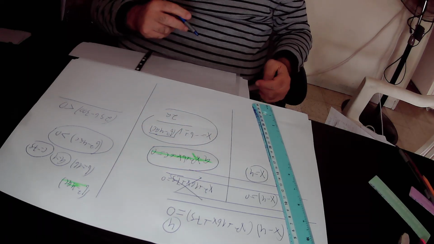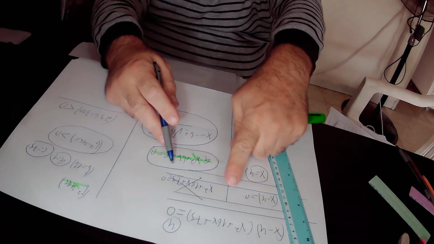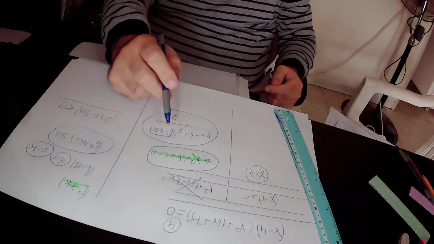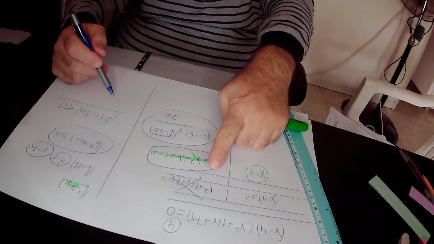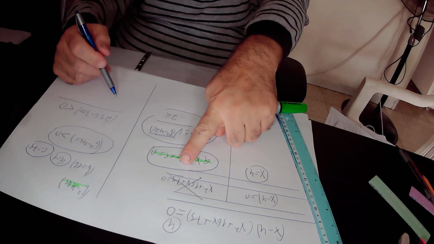We have another reason that this is not the solution of this equation. Why? Because we can substitute 75 by 64 plus 11.